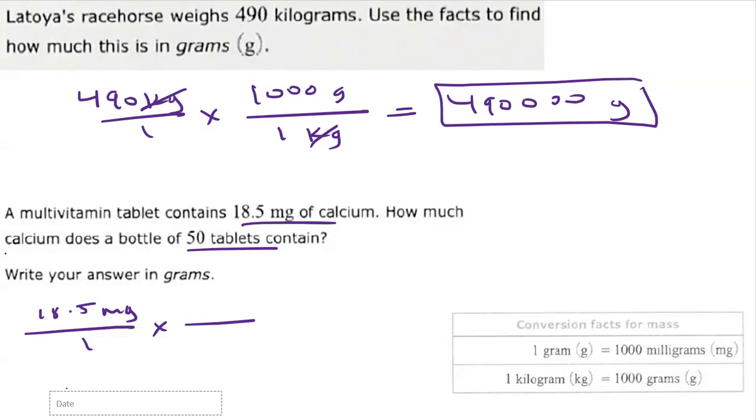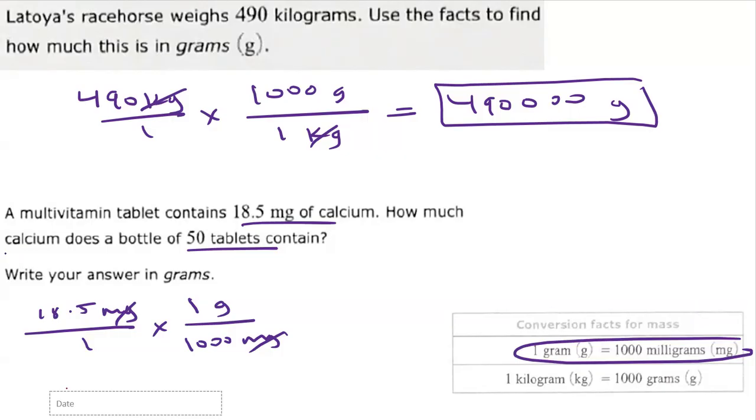I want to get rid of the milligrams, so I need to put the milligrams on the bottom because I want to cancel them. So I have 1,000 milligrams on the bottom and 1 gram on top. The milligrams cancel, and when we multiply these, we get 0.0185 grams. That's for 1 tablet. And there are 50 tablets, so we need to multiply this by 50. That gives us 0.925 grams.